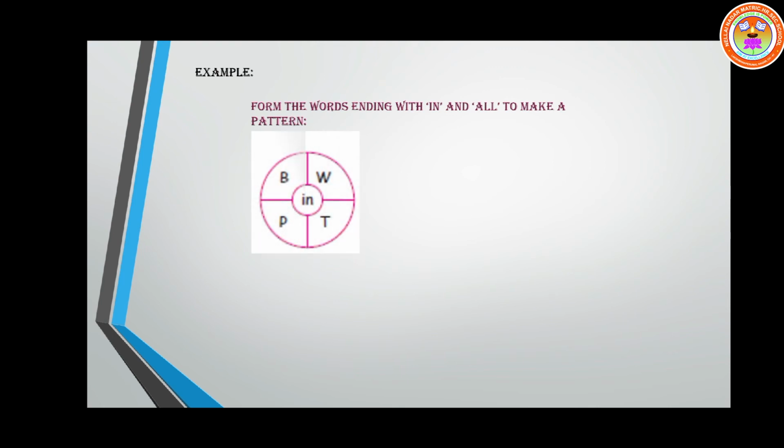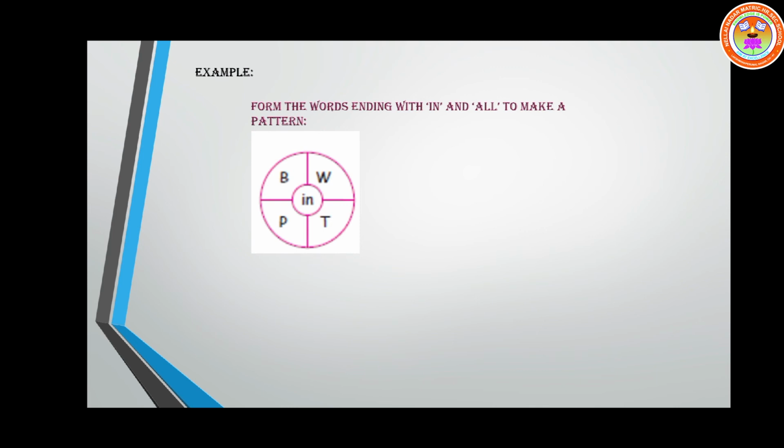Here you have a circle, and inside the circle is IN, and there are four partitions: B, W, T, P. Using the letters B, W, P, T, I have to form new words which end with IN.